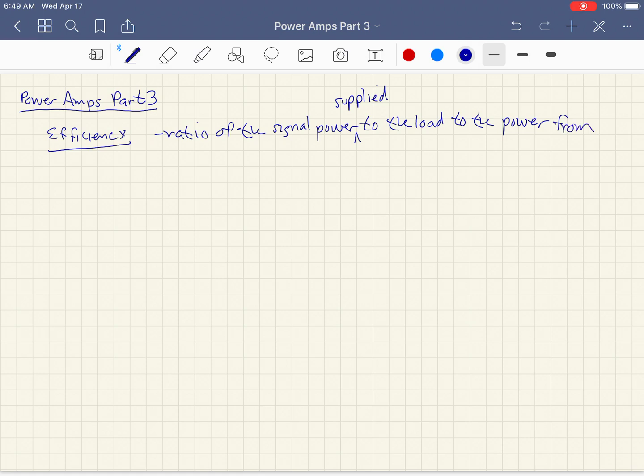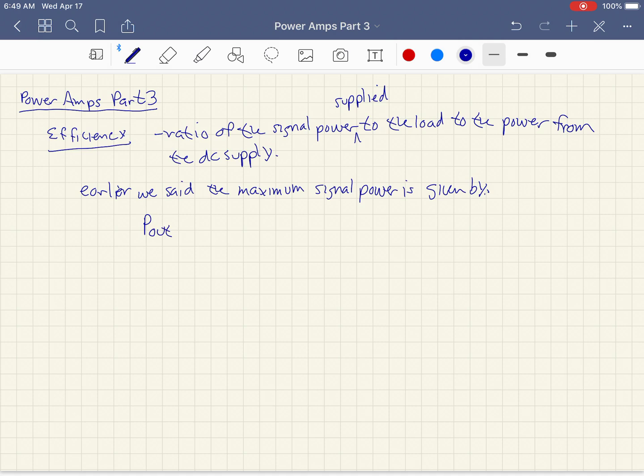Earlier we said maximum signal power is given by, we called it P out max.